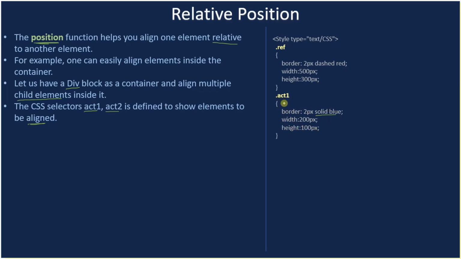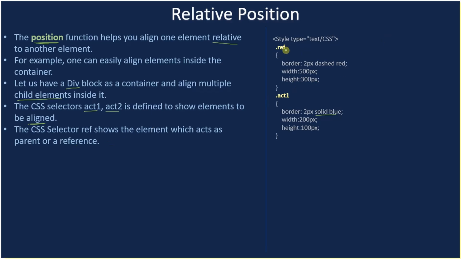We defined act1, right? When we apply this CSS to an HTML tag, that tag appears in solid blue color with a given width and height. The CSS selector ref shows the element which acts as a parent or reference.